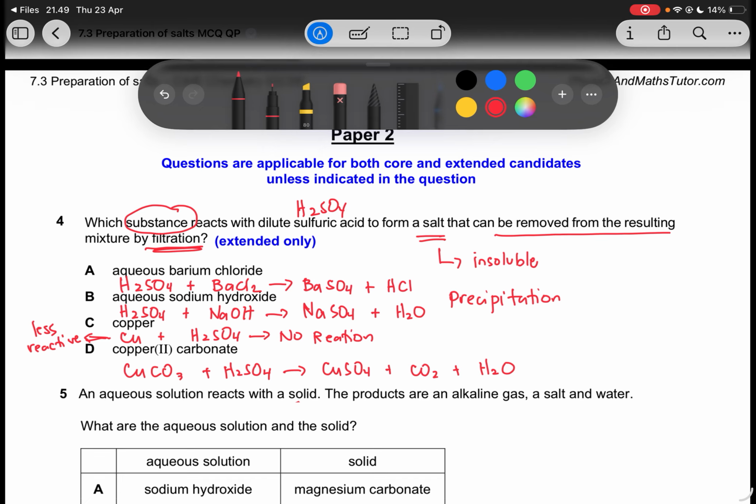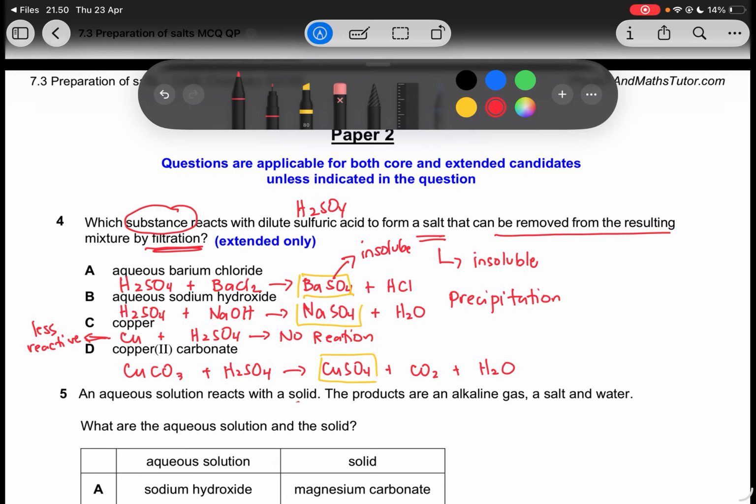Now, what we are going to check is whether the resulting salt is soluble or not. For barium sulfate, as we all know, all sulfates are soluble except for barium, calcium, and lead. So it means barium sulfate is insoluble.